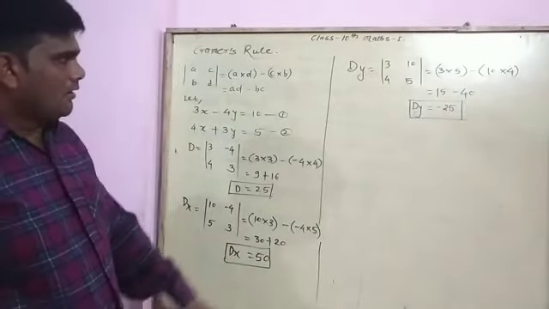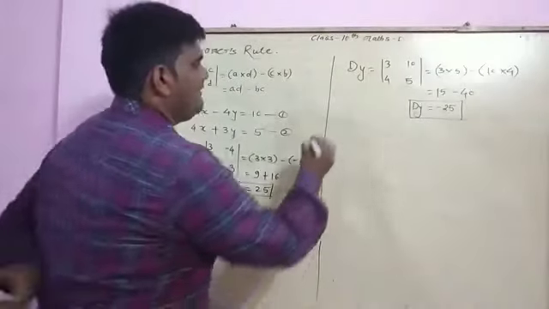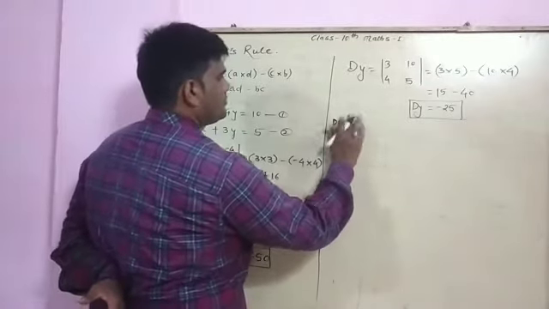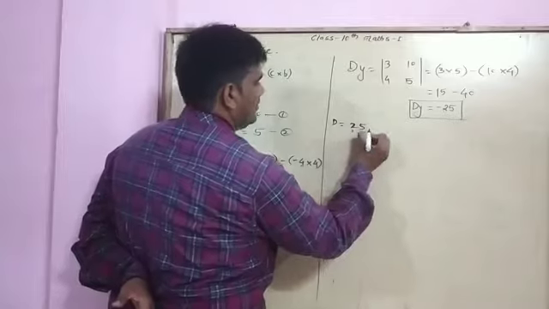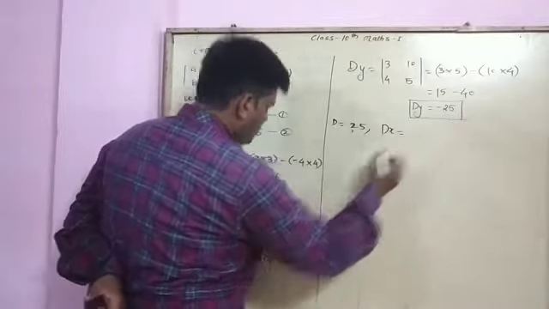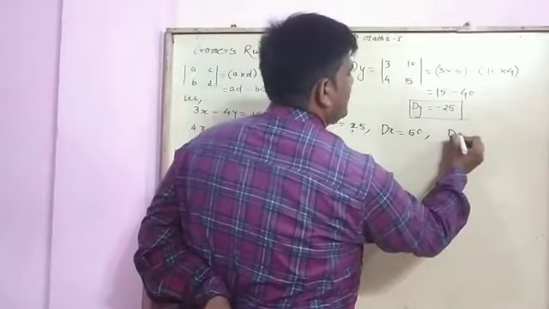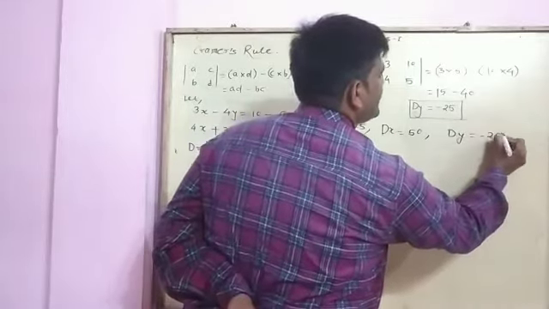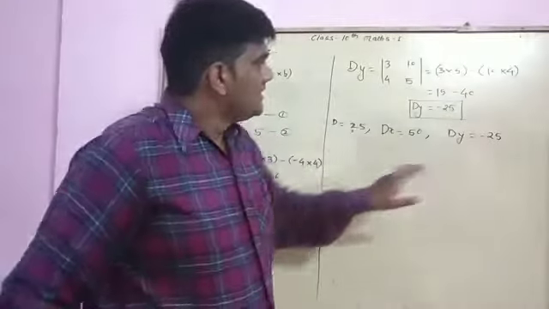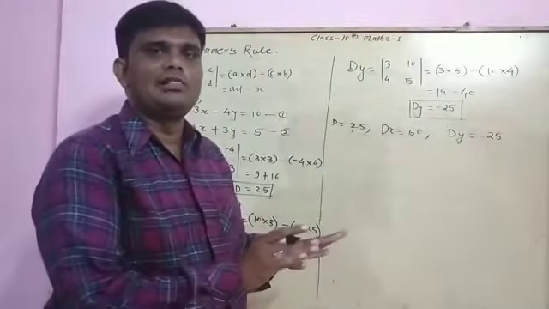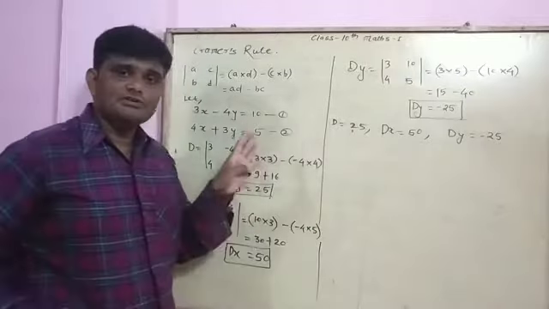Okay. Now you have the value of D equal to 25, Dx equal to 50, and Dy equal to minus 25. These are the three values, and this is sufficient to solve these equations by Cramer's rule.